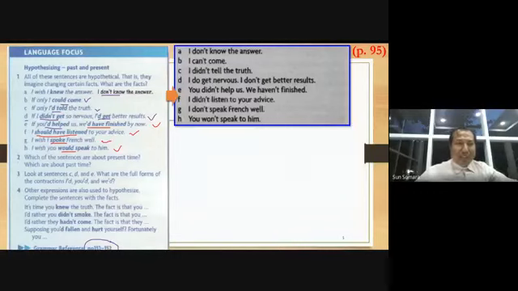Okay, can you do exercise number 2? Which of these sentences are about present time and which are about past time? Can you just identify it and then we compare the answer? I will not spend longer time with this one. Can you find out what are about present time, what are about past time in here?